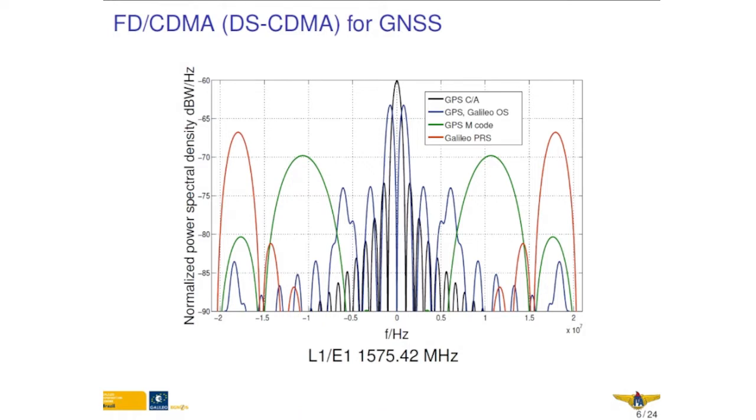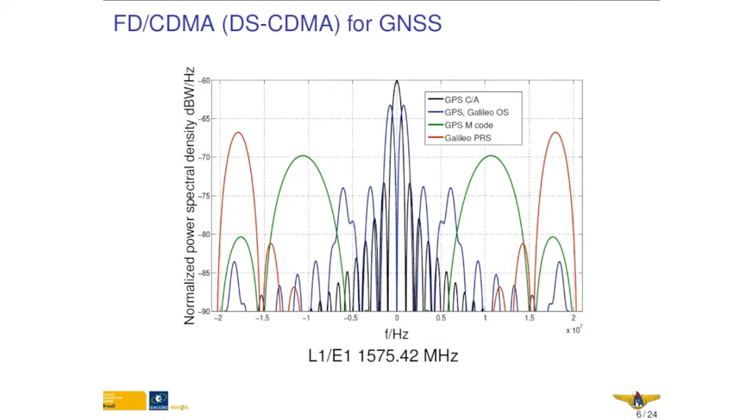We can see here the GPS C/A code signal in black, the GPS modernized Open Service and the Galileo Open Service in blue. The future or modernized GPS military service, the M code signal, in green, and we have the Galileo Public Regulated Service in red.